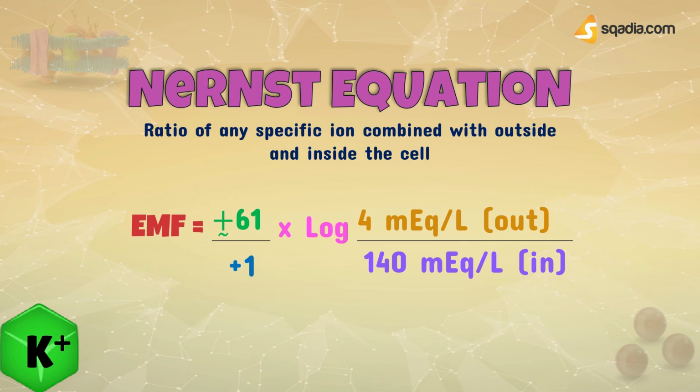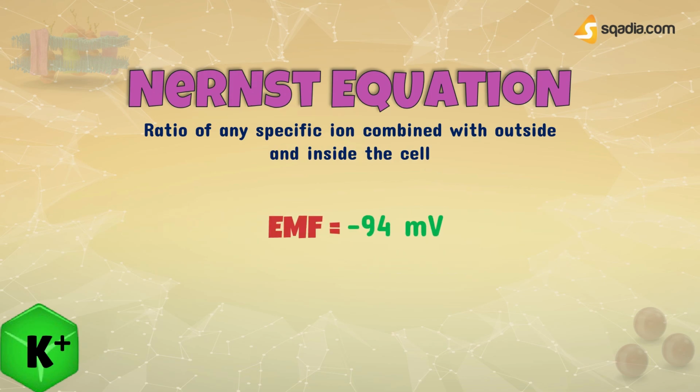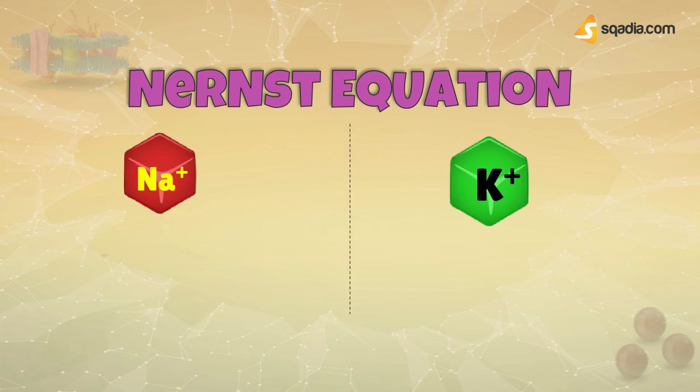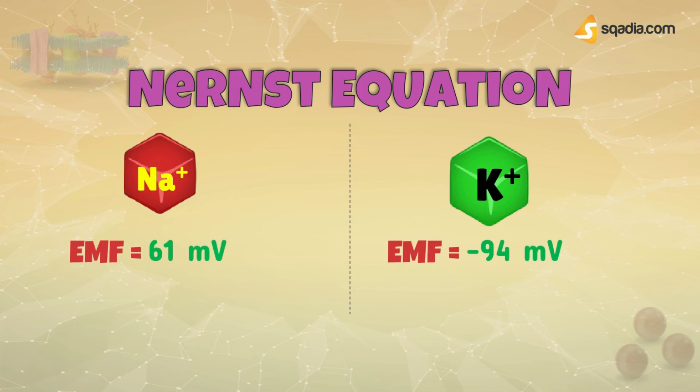Potassium outside is 4 and inside is 140. The sum of this equation will be around -94 millivolts. So, the electromotive force on sodium will be +61 millivolts, and on potassium will be -94 millivolts.